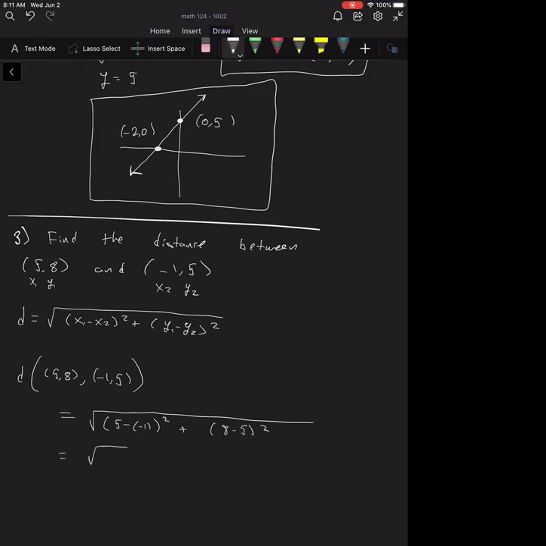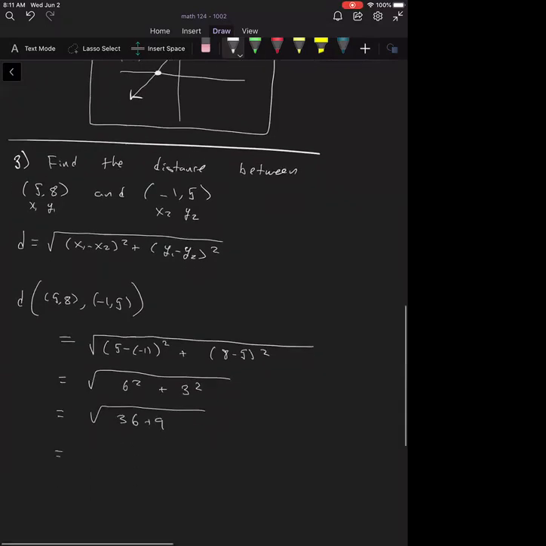So this is going to be the square root of, so 5 minus a minus 1 is 6, so that's 6 squared. And then that's 8 minus 5, which is 3, so 3 squared. So that's the square root of 36 plus 9. And that equals the square root of 45. And we can't simplify the square root of 45, so let's just leave the answer like that.